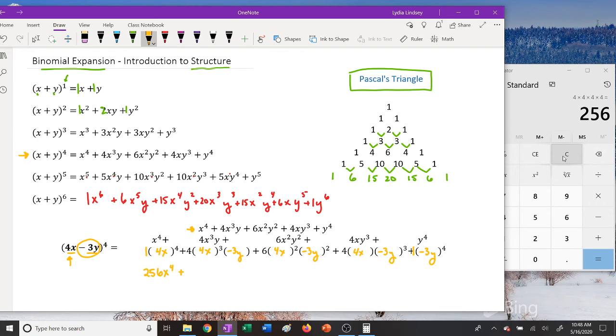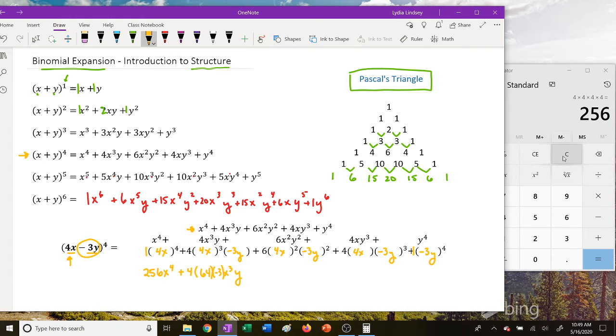The second one, I'm going to have a couple here. So I'm going to go ahead and write those out. I'm going to have 4 and 4 to the 3rd, which is 64. And then I'm going to have an x cubed, and I'm going to have a -3 and a y. I hope I didn't make that too confusing there. I was just pulling out all the coefficients first so I can see them together.